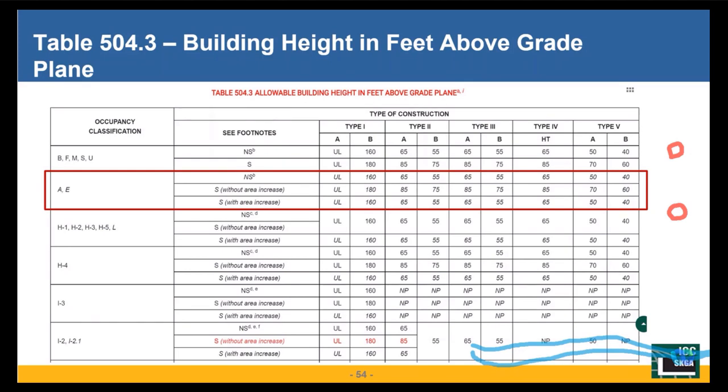So the first row of the A and E occupancy, NS stands for non-sprinklered. S stands for building equipped throughout with automatic sprinkler system, as defined in Chapter 9, and there are 3 levels of sprinkler protection. There's 13R for residential buildings, there's 13D for dwellings, and there's the full-on sprinkler system.